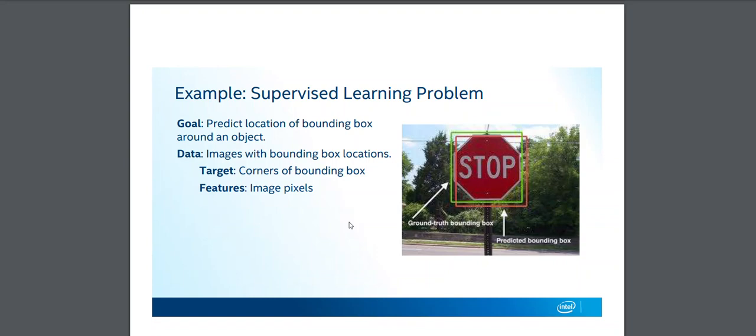There are cameras that capture an image. So in this example, we're going to predict if this is a stop sign or not. Or, before we do that, we want to predict the location of the bounding box around an object.